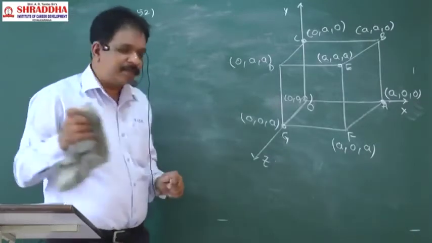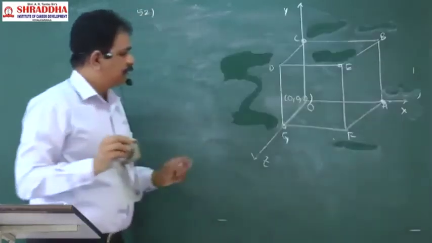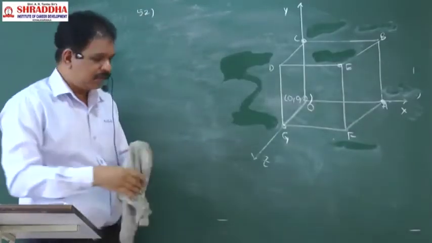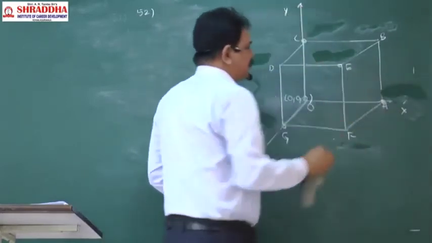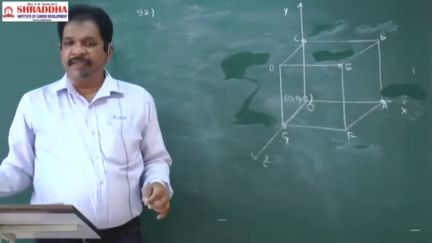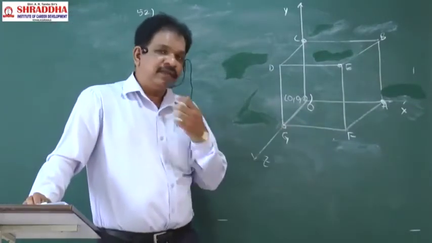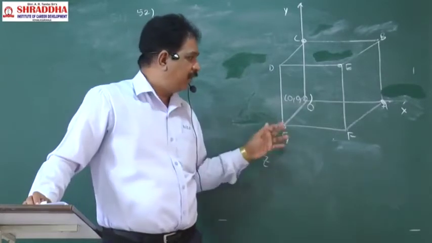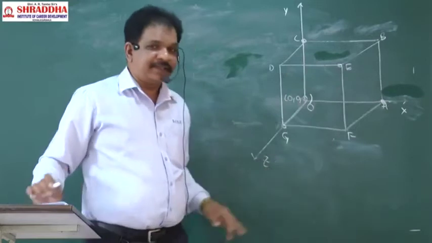Once again I will explain how to write the coordinates. Let us see. Clear? We don't know the coordinates. Side, how much am I assuming? Side of the cube is A. Here they gave 1. I am taking it as A. Then what will happen? See. This is completely on the x-axis, this point.